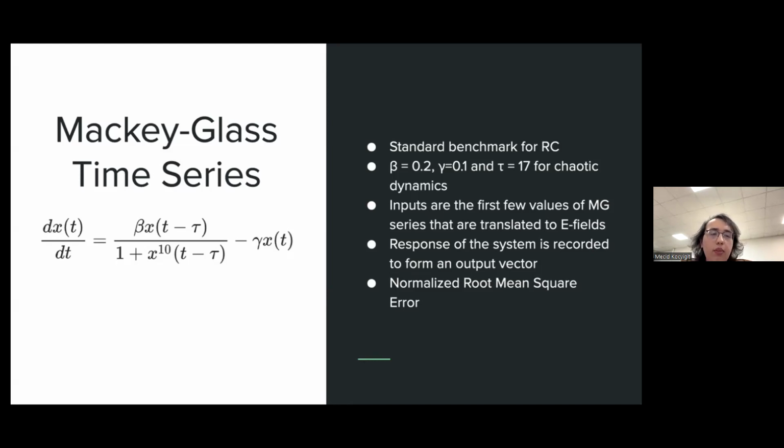As this series is chaotic, our reservoir computing device has a chance to predict that chaotic dynamics and show its capabilities.